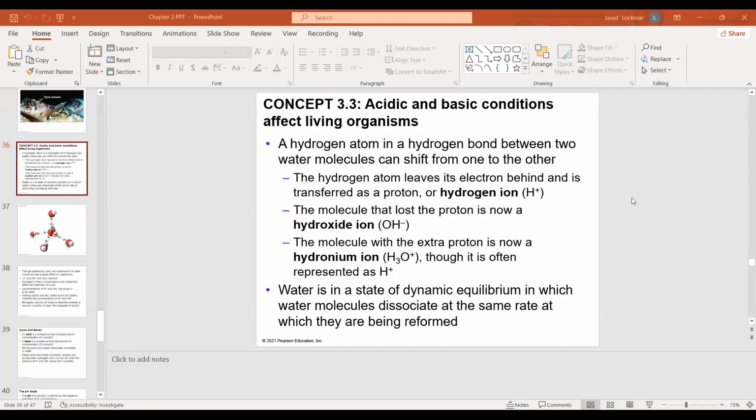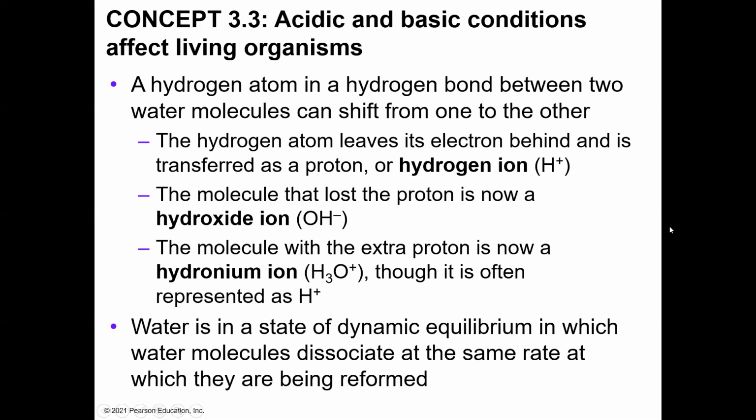For this last part of chapter 3, we're going to focus on what it is to be an acid and a base and the pH scale. Acidic and basic conditions affect living organisms.